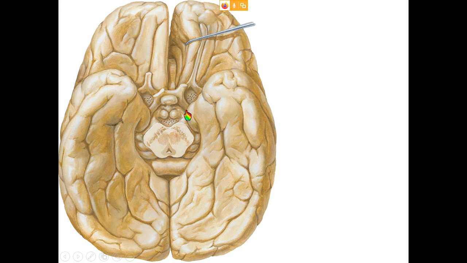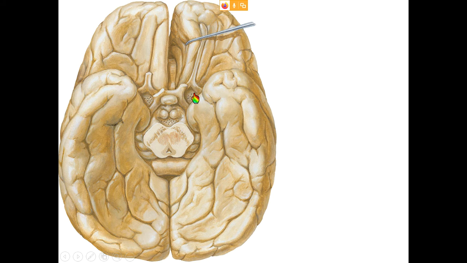This stem of the lateral sulcus is dividing the base of the brain or the inferior surface of the cerebrum into two surfaces. Anteriorly it is called the orbital surface, and posteriorly the entire surface is called the tentorial surface.